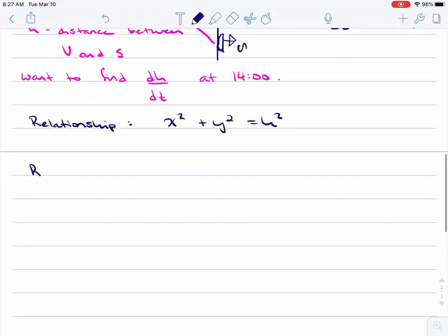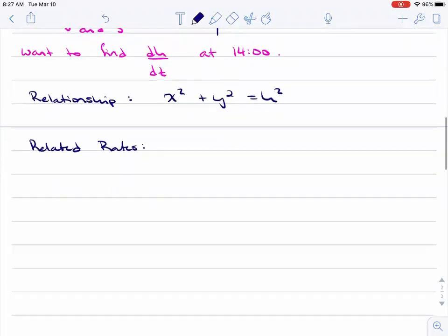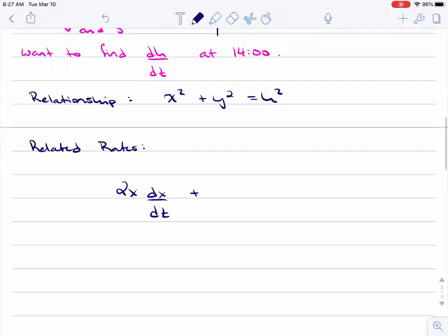So breaking it up, our related rates: if I'm taking the derivative of these things with respect to time, because I want dh dt, there's no t here. And so I can take, this is implicit differentiation, right? And so we get 2x dx dt, assuming x is a function of time. And then same thing for the y, 2y dy dt.